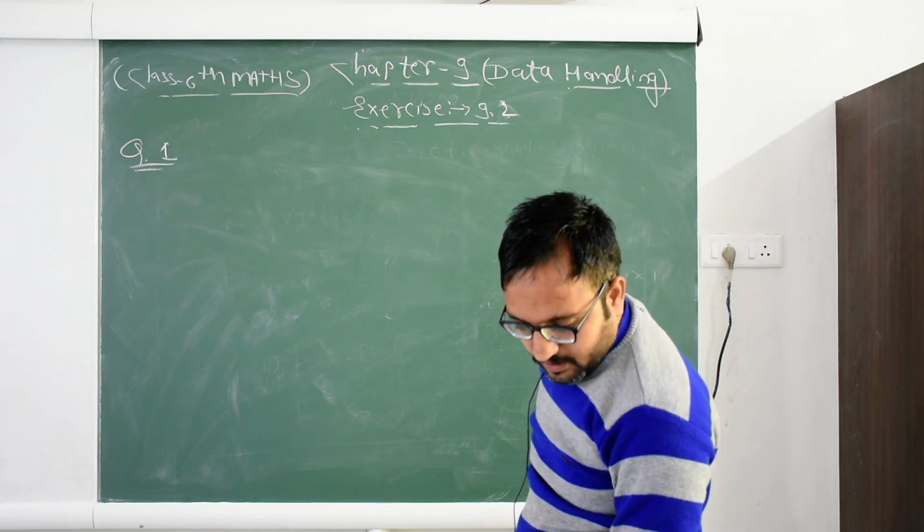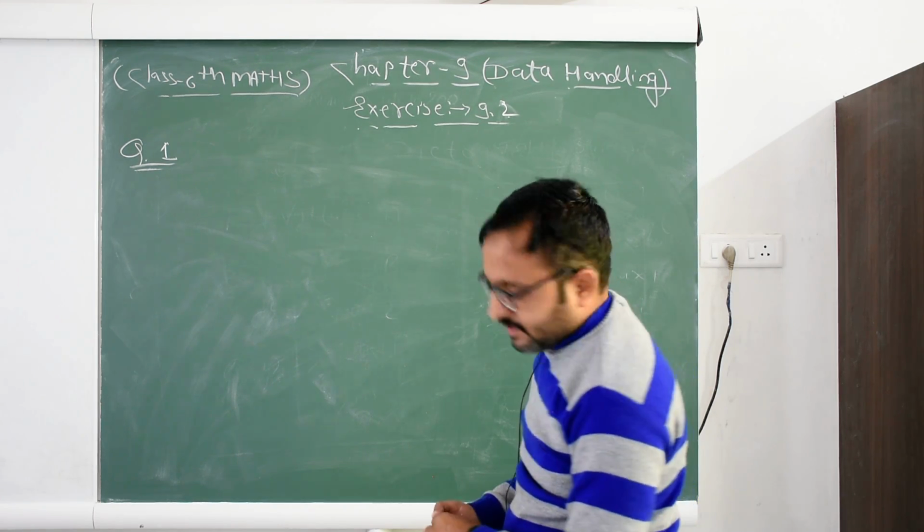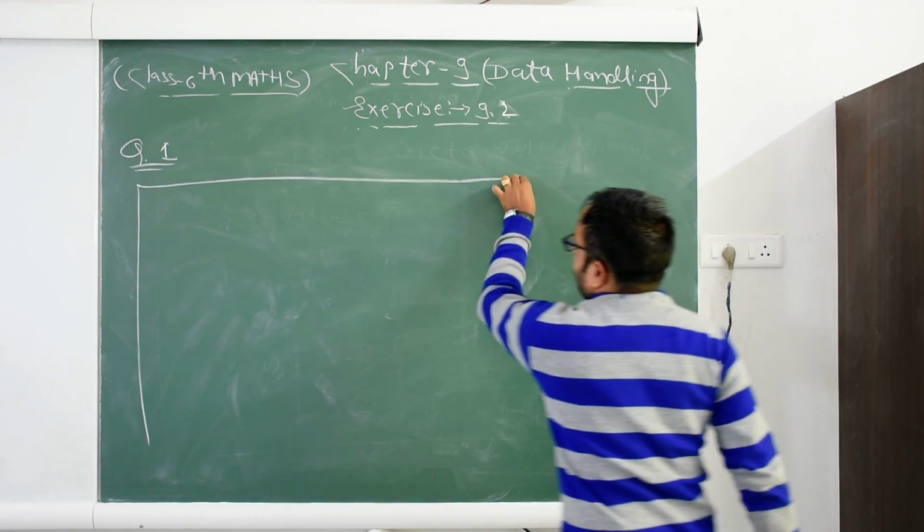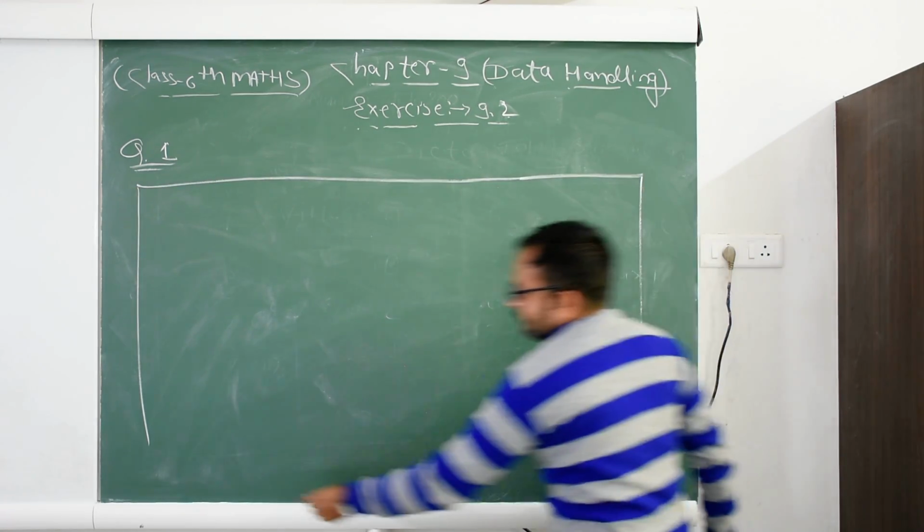Question number 1, total number of animals in 5 villages. So first we draw the table.